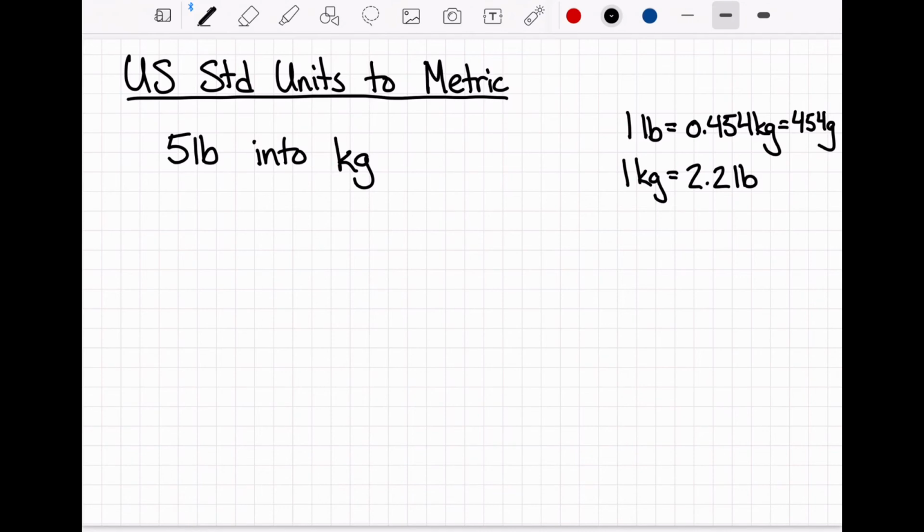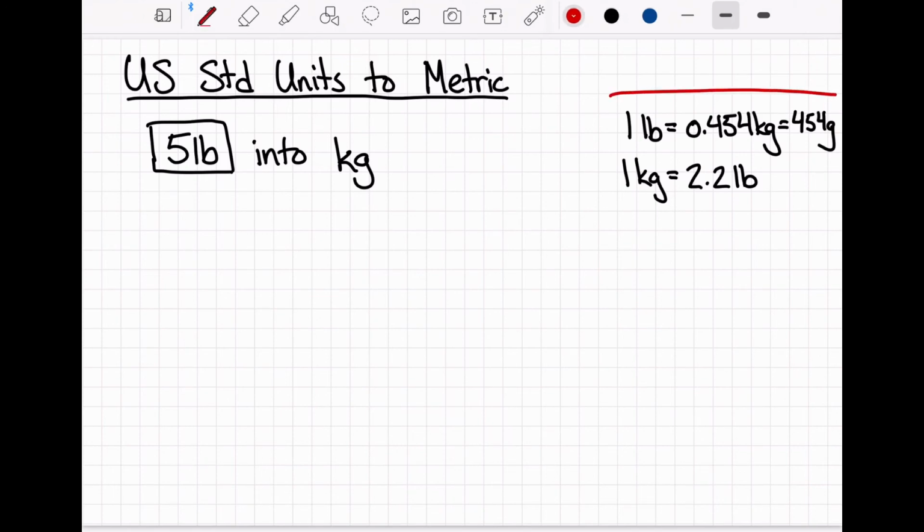So the best way to teach this is with an example. Let's say we have a 5-pound addition that we need to make to our wine, and our scale can only read kilograms. The important thing to know here is our conversion factors.